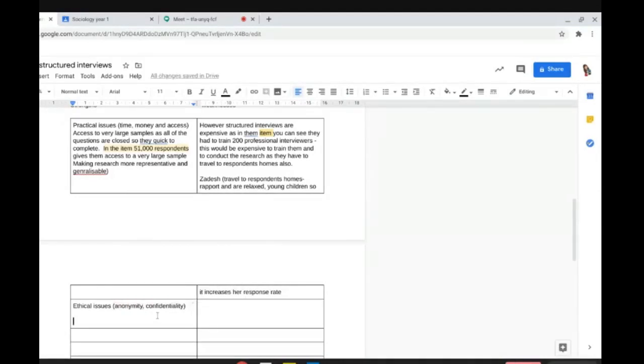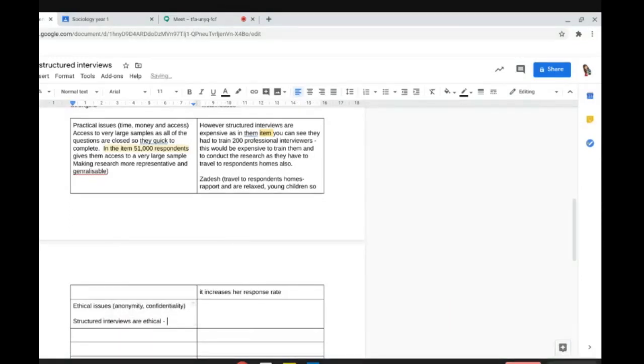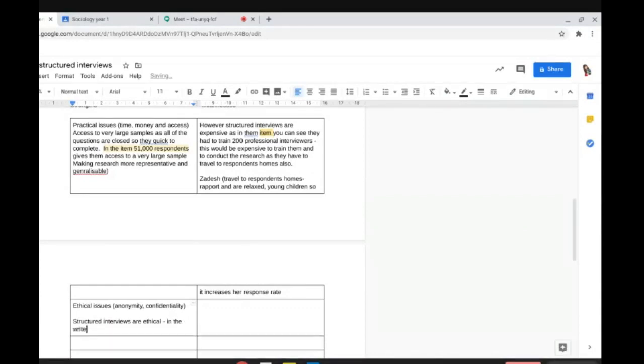So for ethical issues, I'm going to note that structured interviews are ethical, provided that they gain informed consent from respondents and give them anonymity and confidentiality.